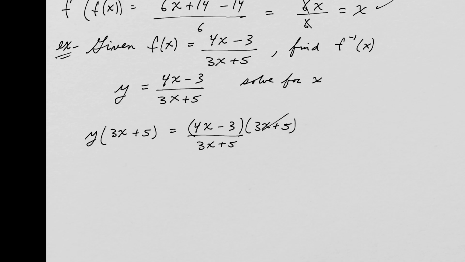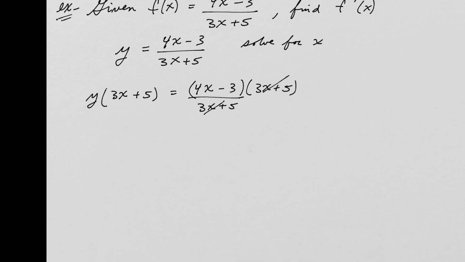So on the right-hand side, these cancel. On the left-hand side, I can distribute the y. So I have 3xy plus 5y is equal to 4x minus 3.